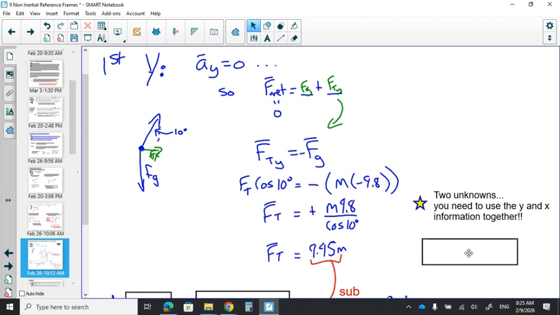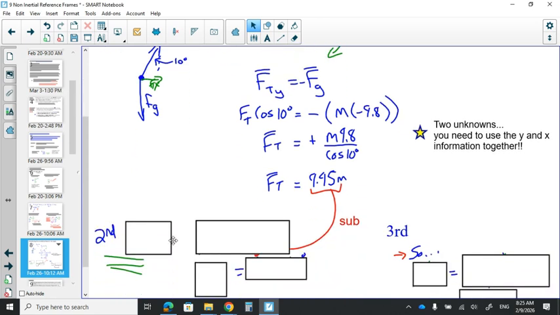I guess we're going to have two unknowns soon here. So the tension force is this 9.95 m. The amount of tension force depends on the mass, but so does the acceleration.